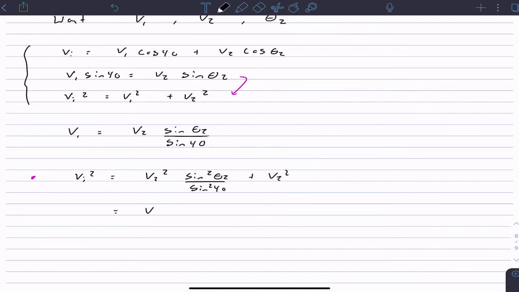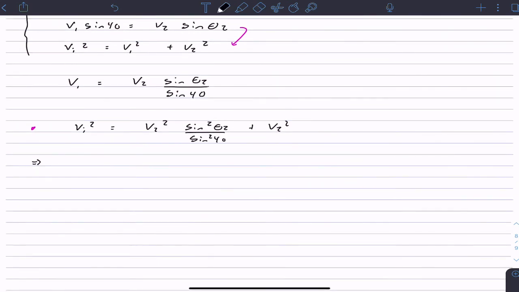That also equals v2 squared times sine squared theta 2 over sine squared 40 plus 1. We could just say vi is equal to v2 and then the square root of this. Actually, sorry, we already know what vi is. We want to know what v2 is, so we want to solve for v2. So let's try that one again.